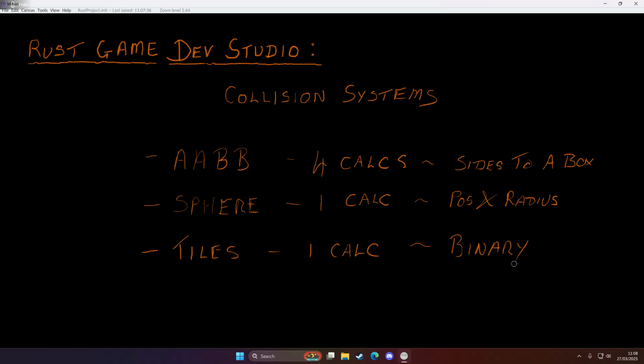It's got the most calculations, and you've got to account more in the resolution of your collision and how you resolve it. So AABB probably wasn't the best to go for the example that we did.